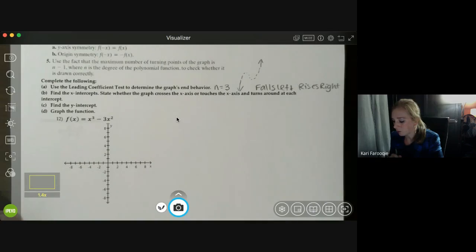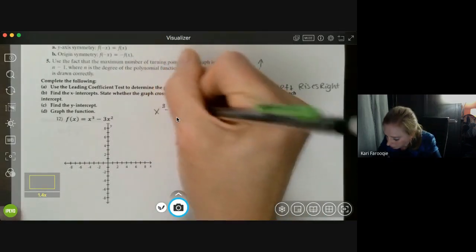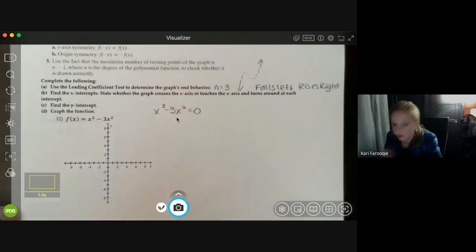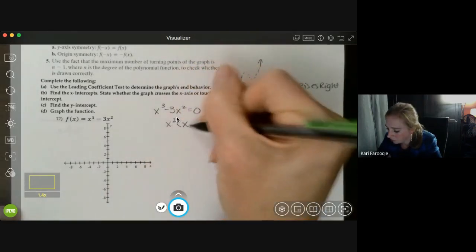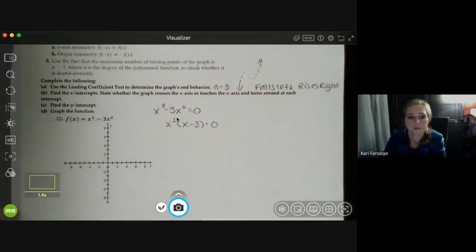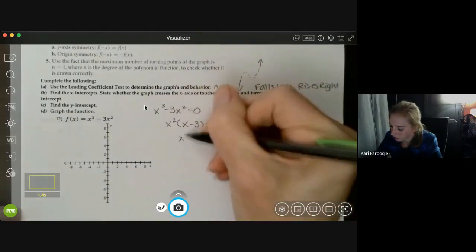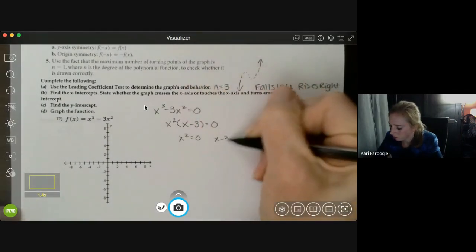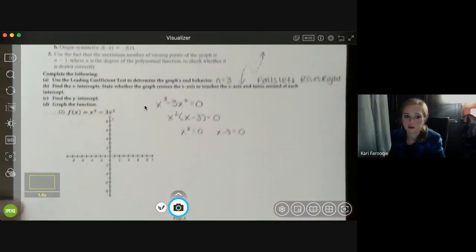Find the x-intercepts. To do that, we're going to factor. So I'm going to take the function, set it equal to 0, and then we're going to factor and solve. So we'll take out the x squared. That leaves you with x minus 3. Now, using the 0 factor property, x squared equals 0 and x minus 3 equals 0.